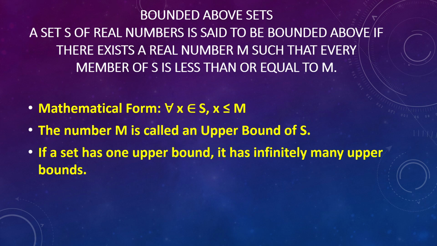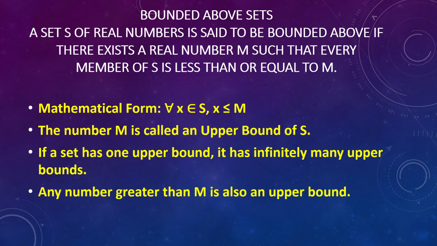An important observation is that a set does not have just one upper bound. If a set has one upper bound, then it automatically has infinitely many upper bounds. Why?